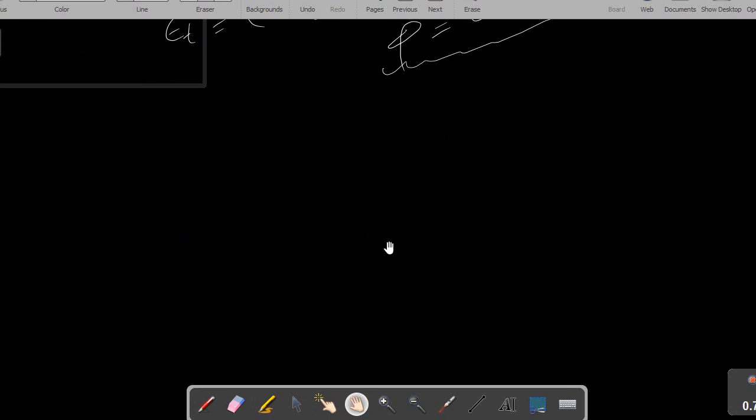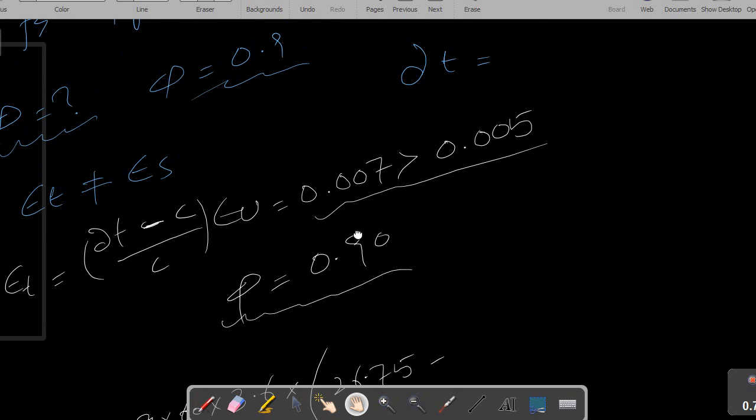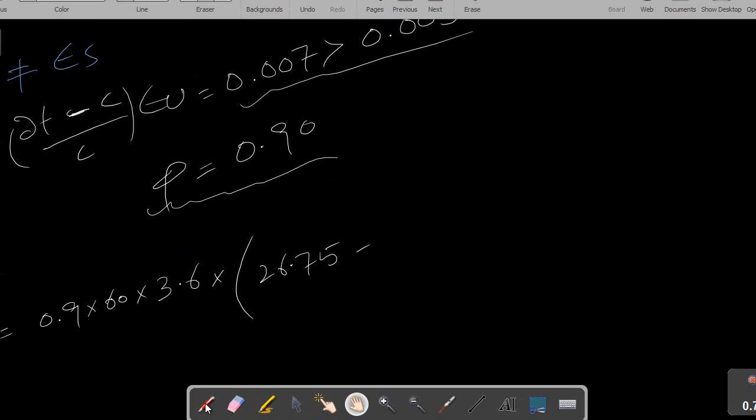Now we are able to find phi Mn. This is 0.9 times Fy, which is 60, times area of steel, which is 3.6, times d, whose value will be 26.75 minus a divided by 2. The a value is 7.058, divided by 2.